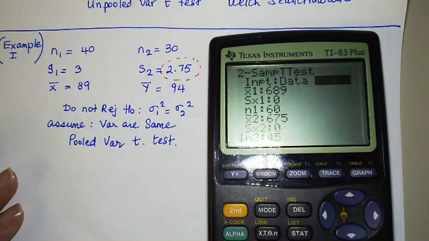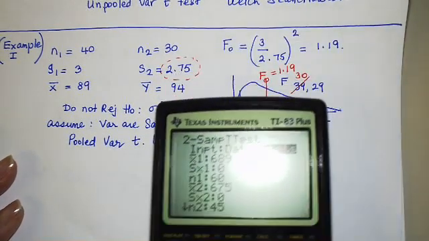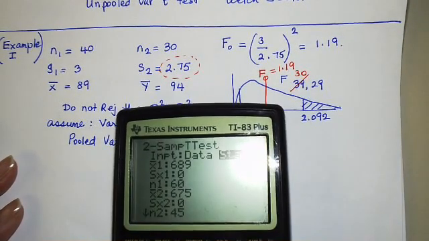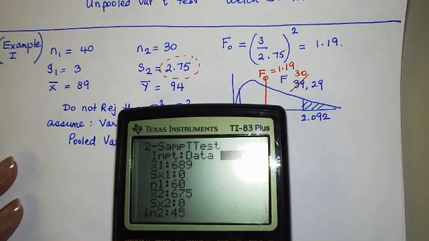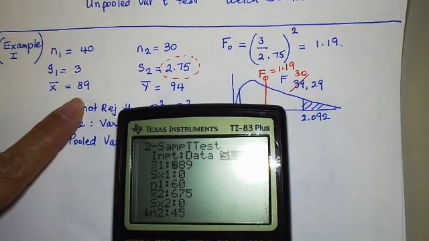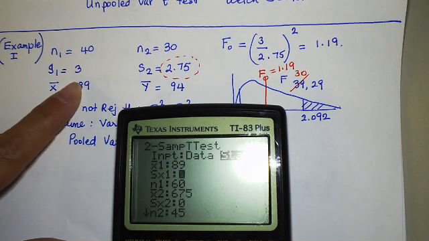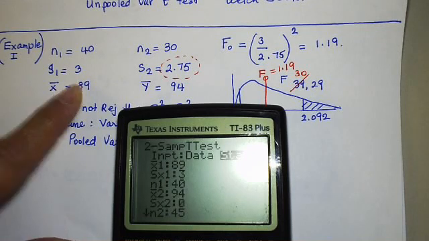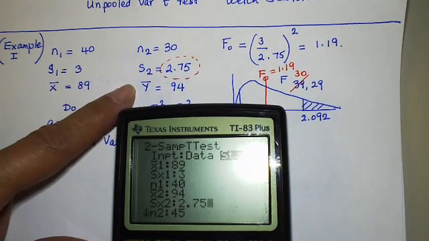Here's my data. I will go to stat, test, two sample t-test. Data or stats? Stats. Data means raw data, right? To put in a list. That's not the case here.